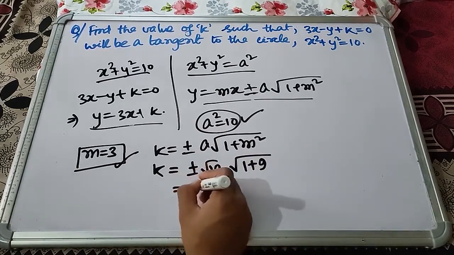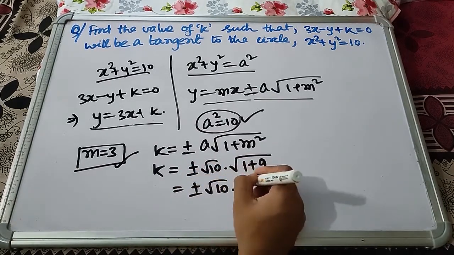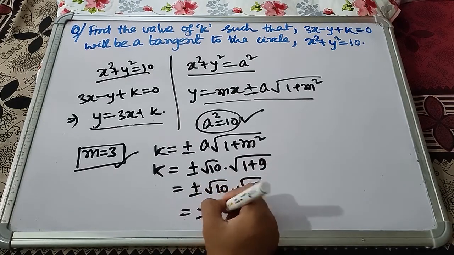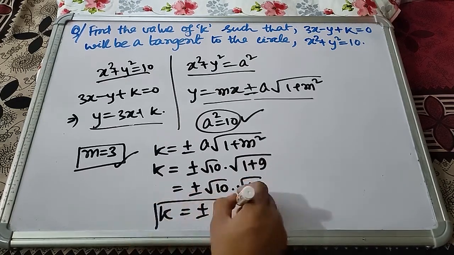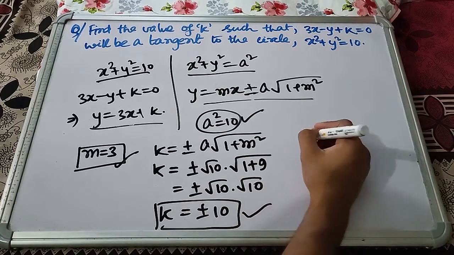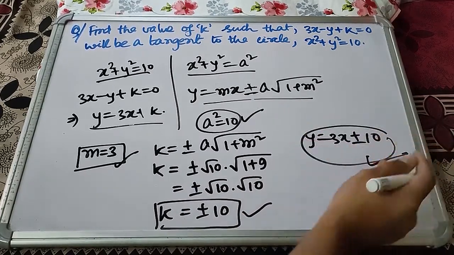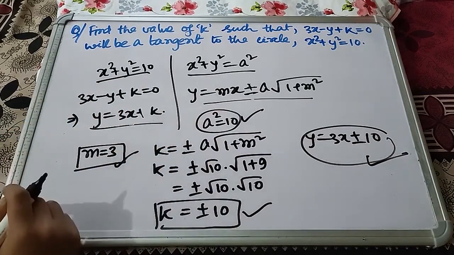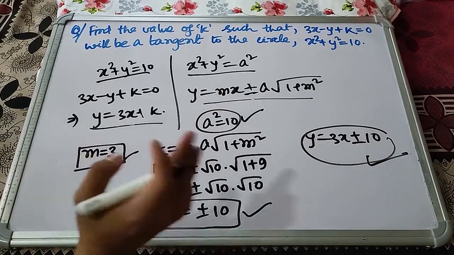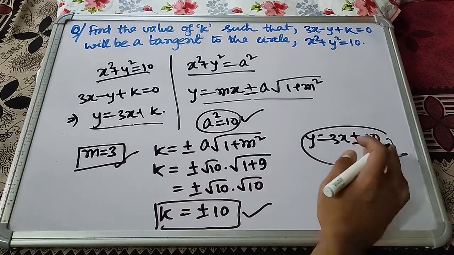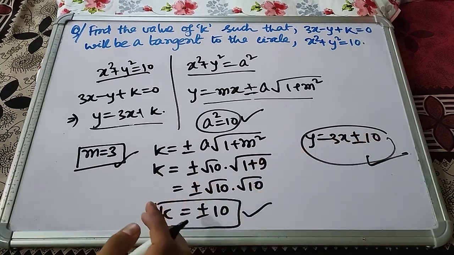So this becomes plus minus root 10 into root 10 equals plus minus 10, so k equals plus minus 10. So we can say that y equals 3x plus minus 10 are tangents to x square plus y square equals 10. Yes, these are equations of two tangents, one with the plus sign, another with the minus sign.